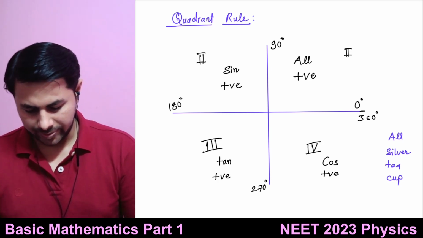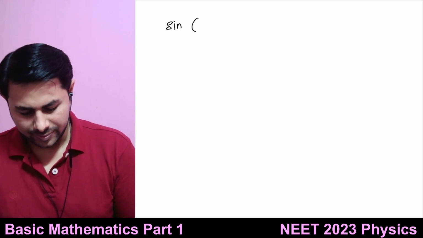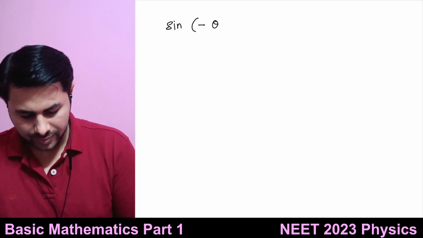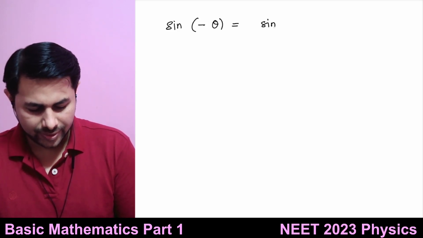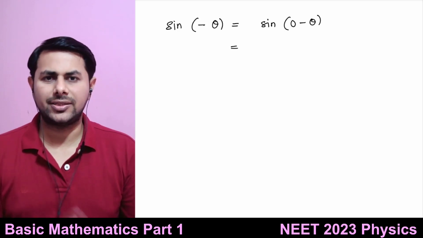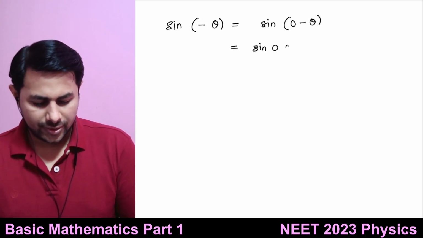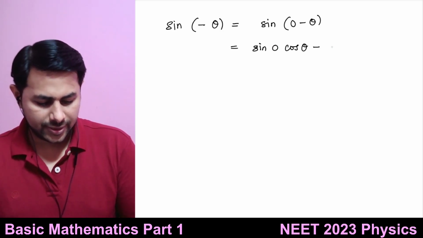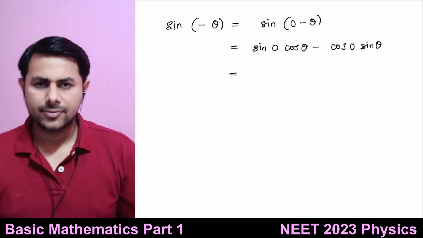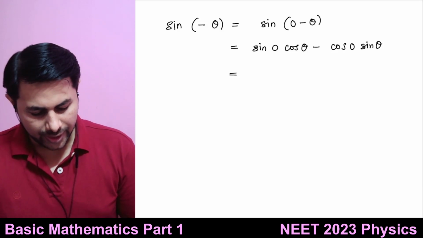And there is one more thing. Let me add a page. I want to find out sine of minus theta. I can write this as sine of 0 minus theta, and it will be minus sine theta. How? It is sine 0 cos theta minus cos 0 sine theta.